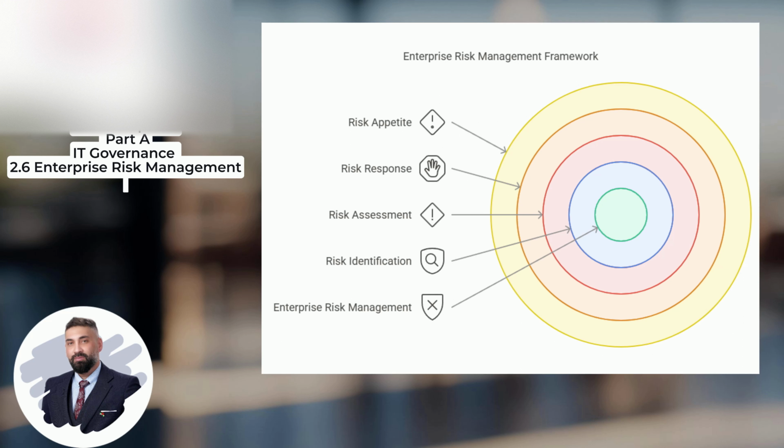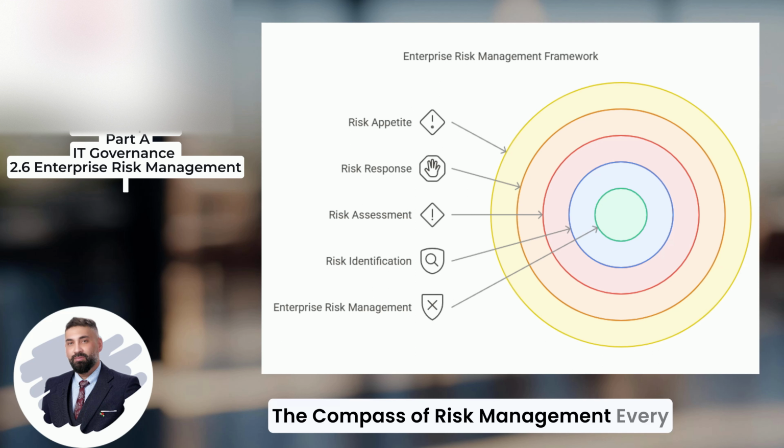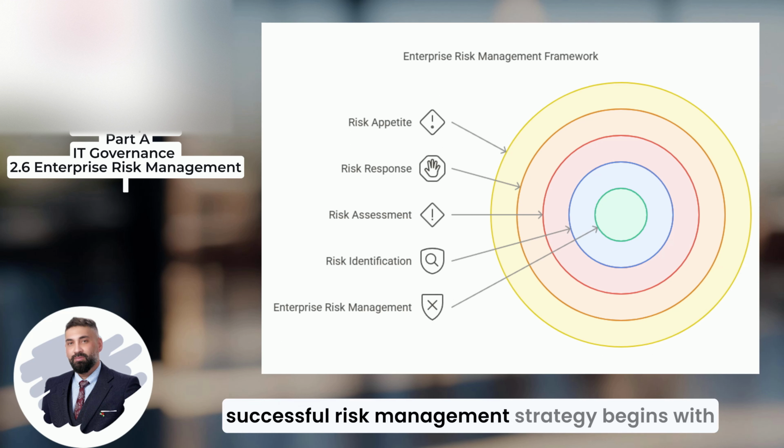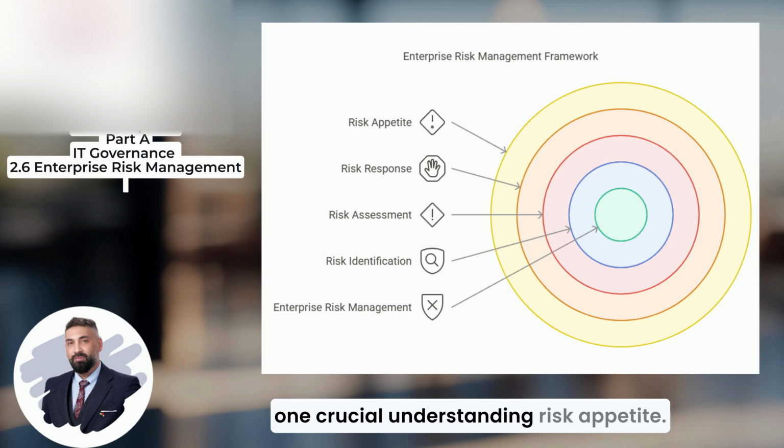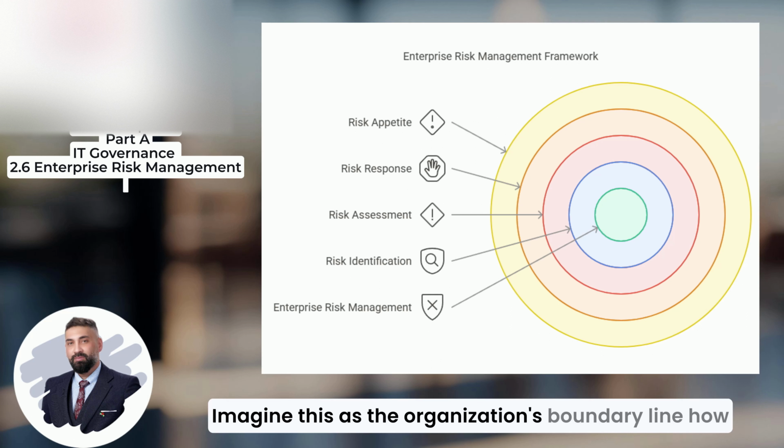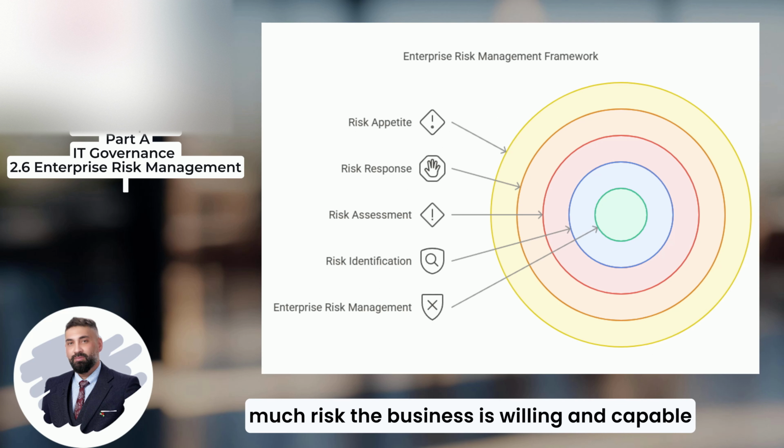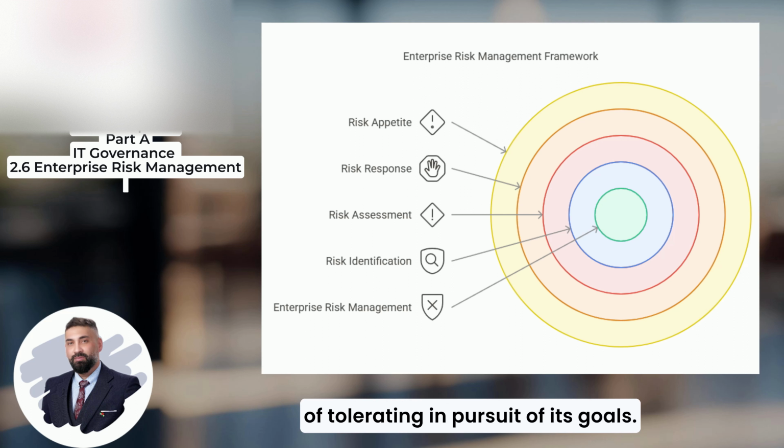Understanding risk appetite, the compass of risk management. Every successful risk management strategy begins with one crucial understanding: risk appetite. Imagine this as the organization's boundary line. How much risk the business is willing and capable of tolerating in pursuit of its goals.